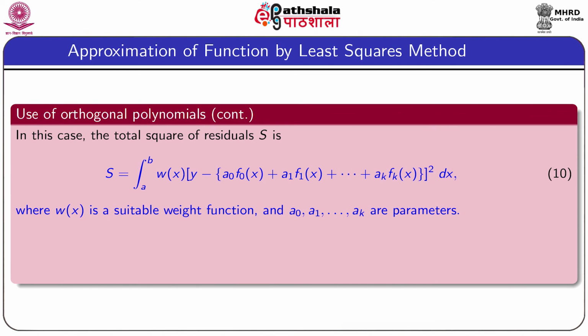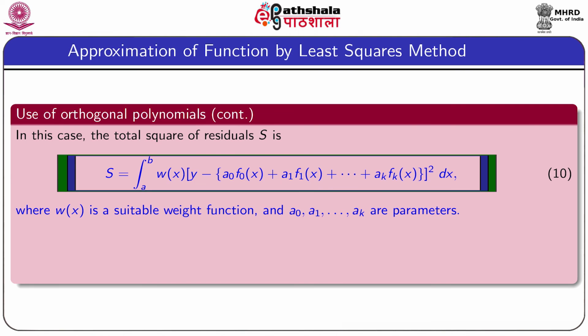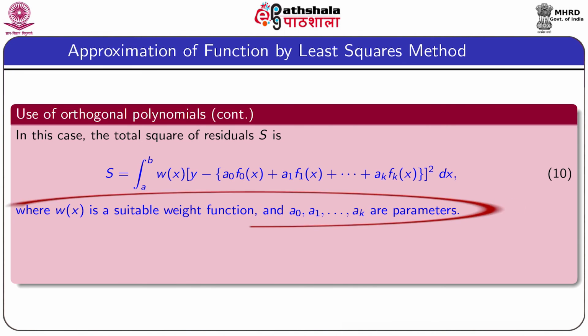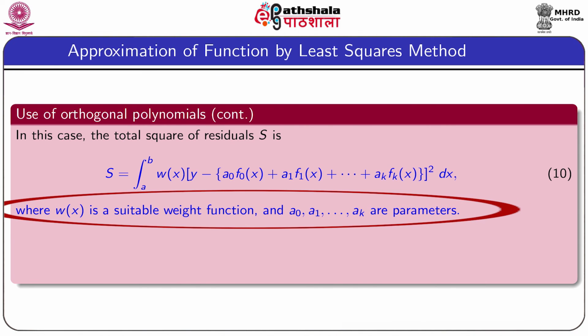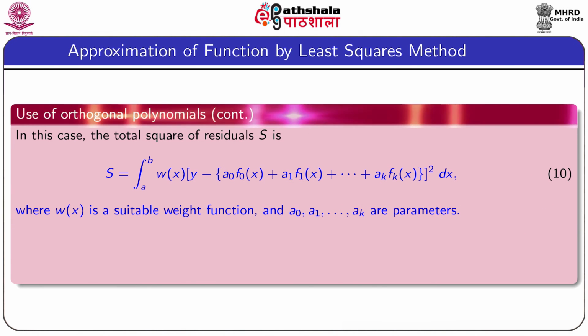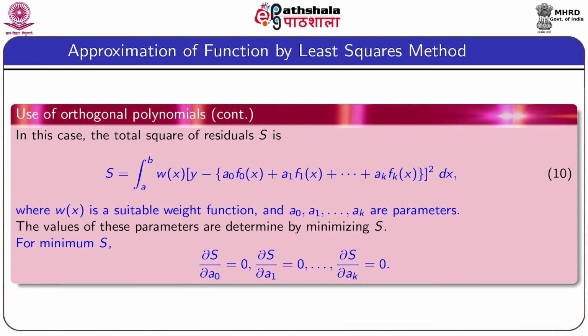In this case, the total square of residuals S is integration a to b w(x) into y minus a0 into f0(x) plus a1 into f1(x) plus dot dot dot plus ak into fk(x), whole to the power 2, dx, where w(x) is a suitable weight function and a0, a1 up to ak are the parameters. Now we shall determine these parameters by minimizing S.